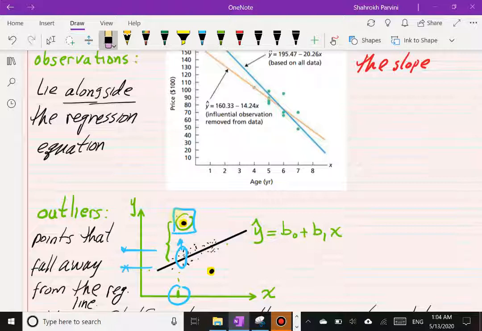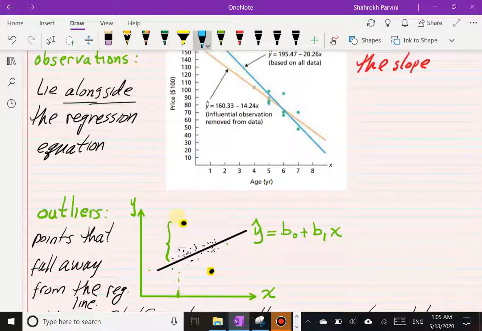That's what those are, so we're going to call those outliers. And you can have more than one outlier in a data set. True? In this case, I have two. At this level of x, notice your data bunches around here. So this would be an outlier, the one that falls way below the line relative to the rest of them.